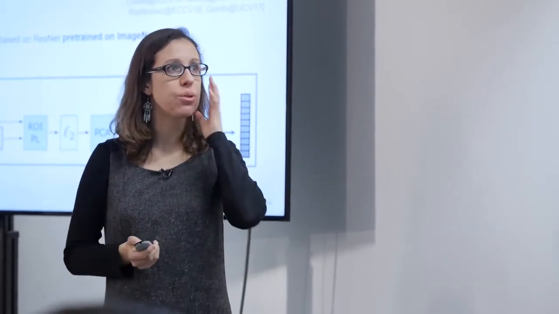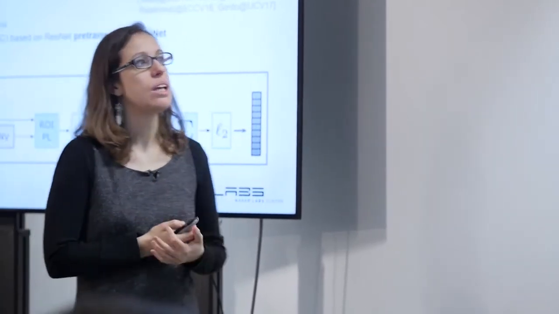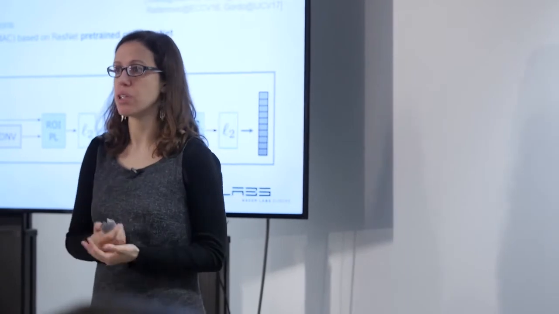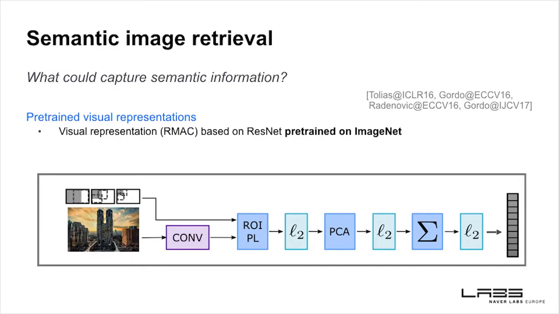So what can capture semantic information? The first thing, and the obvious thing, is a visual representation, a standard one. So we take an image, we transform it into a vector, and this vector is a visual signature for our image. If these visual signatures are close, are the images going to be semantically related?